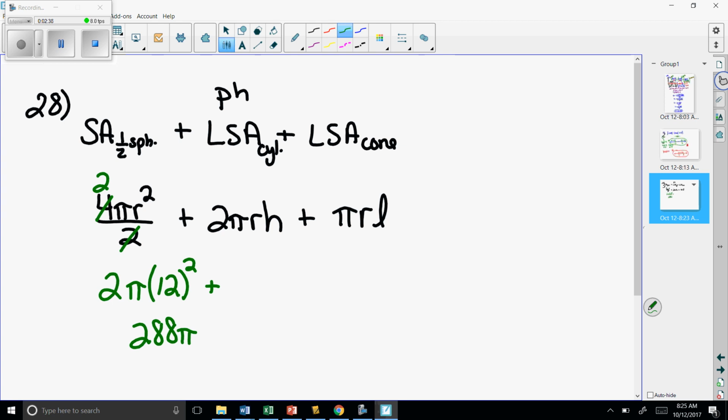Okay. So you get 288 pi. And then we have 2 times pi. The radius for that cylinder is still 12. And what's the height of that cylinder? 18. Go ahead and multiply that, and what do you get? 432 pi.